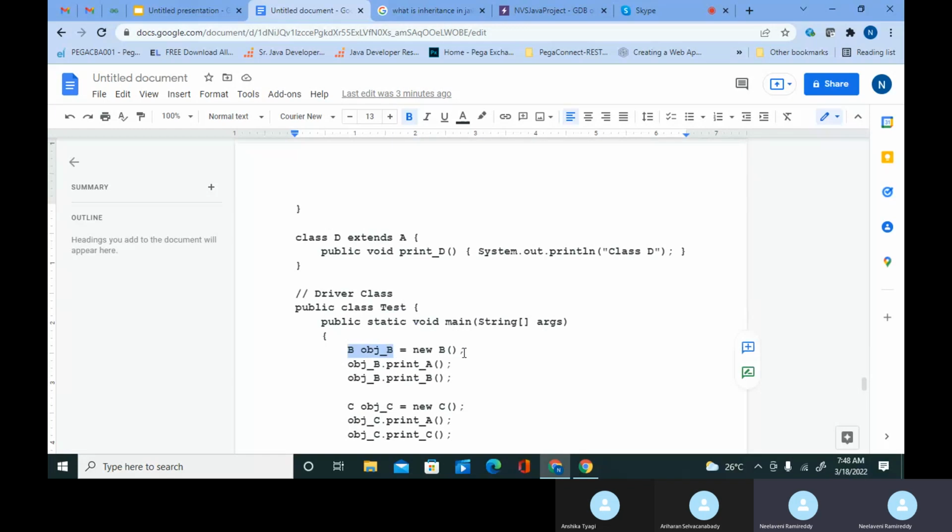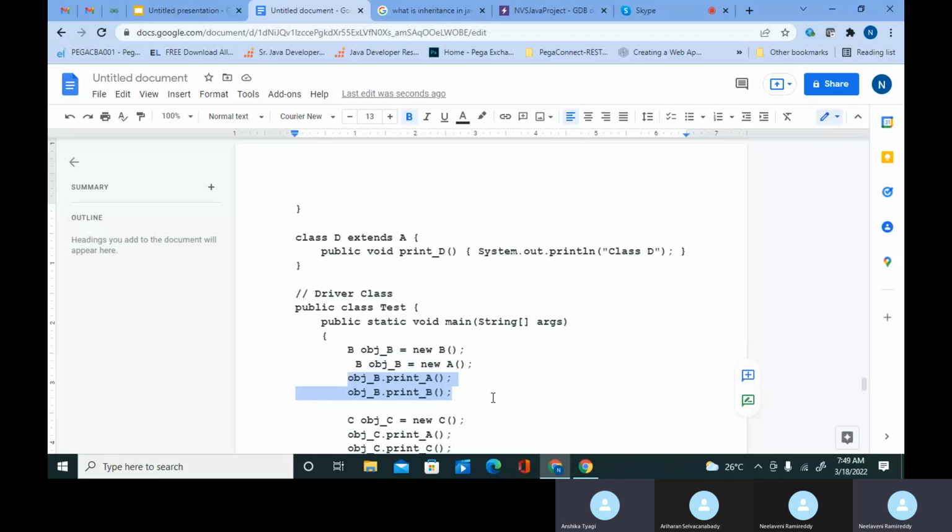Last time we saw here, instead of B I can use the parent. So it will only call the parent class information, parent methods, parent data that we assign to the child. So you can access the parent data from your child main method.